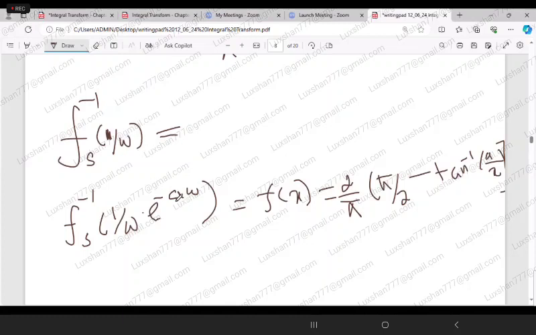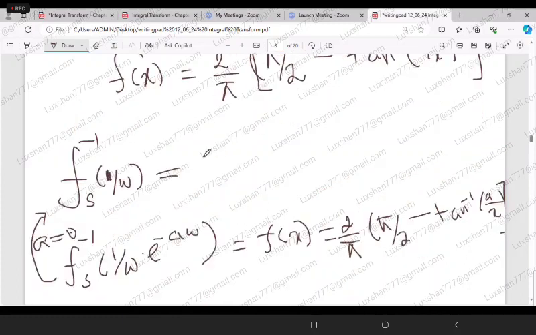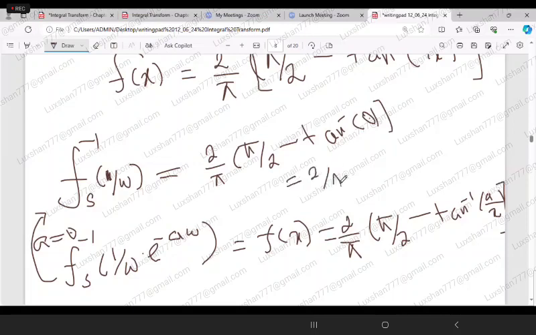If you put a equals 0, then this becomes 2 over pi, pi by 2 minus tan inverse a over 0, which means 0. Tan inverse 0 is 0. Therefore, this becomes 2 over pi into pi by 2. Therefore, answer is 1. Do you understand this one?